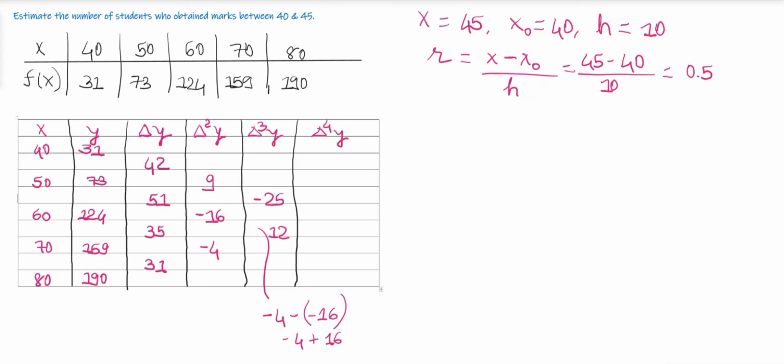Now 12 minus minus 25, that is, it will be 12 plus 25, so it will be 37. So this is how you have to create the table. You can even show these arrows from y till delta raised to 4y.